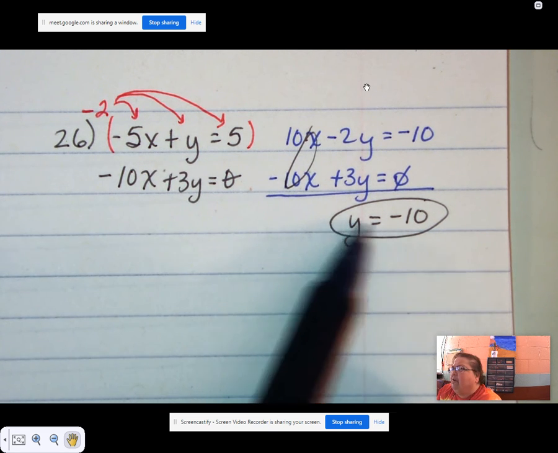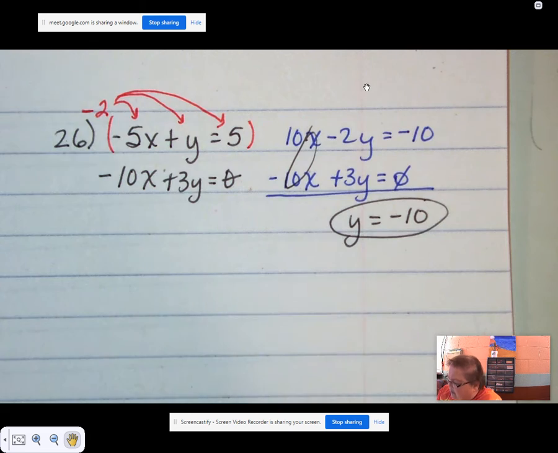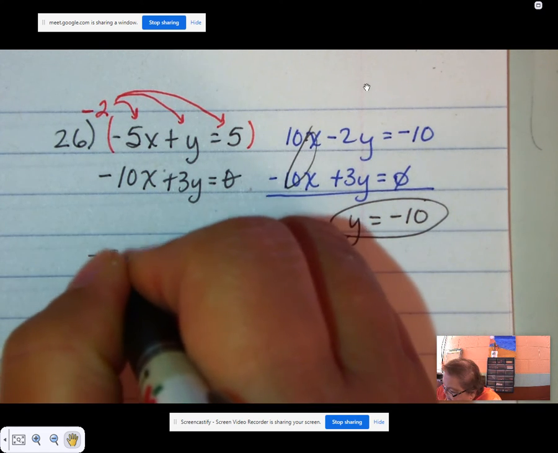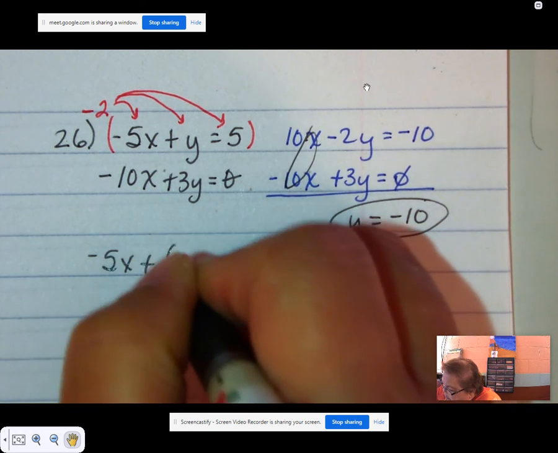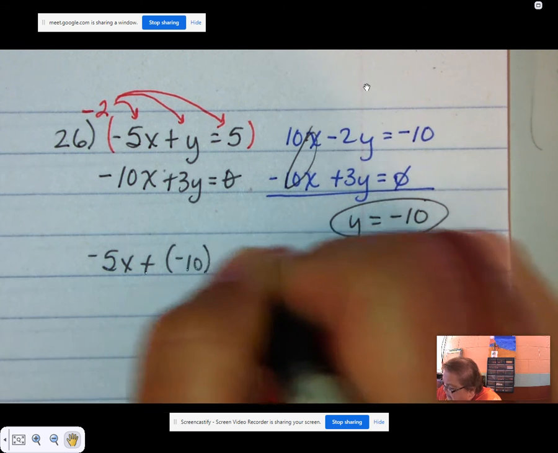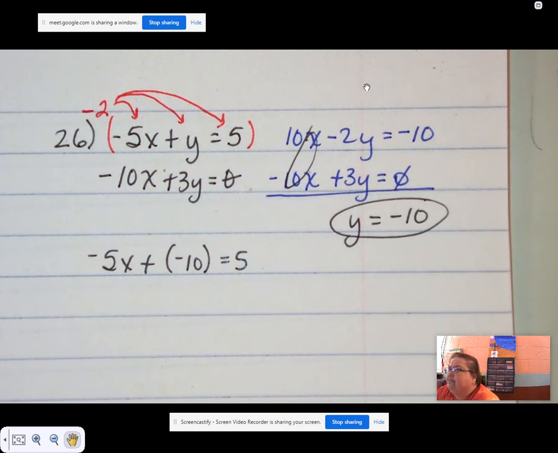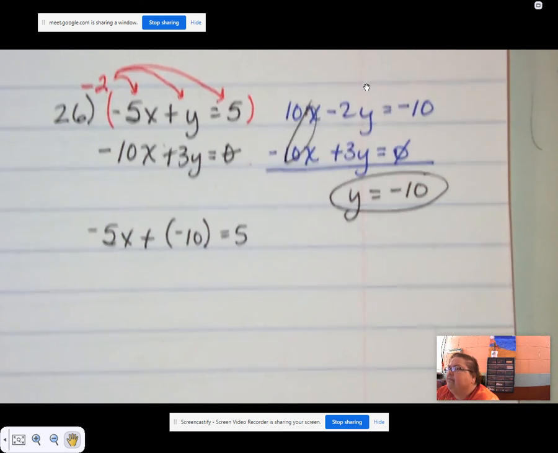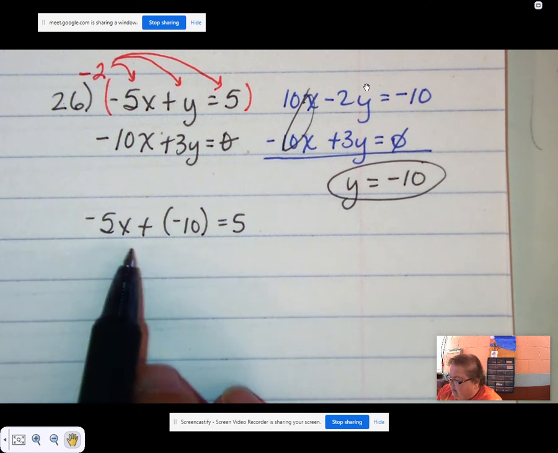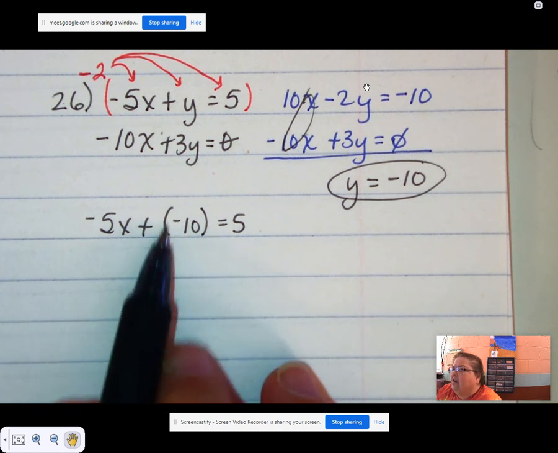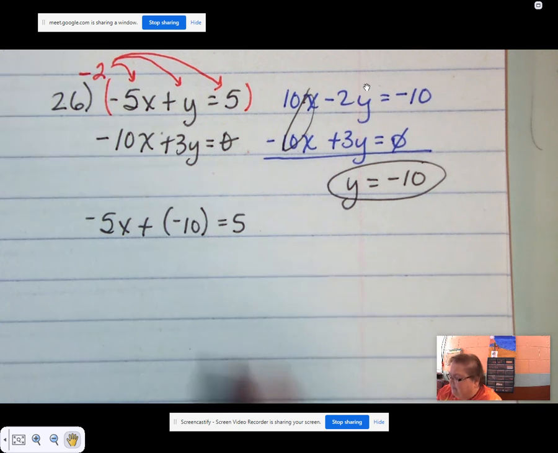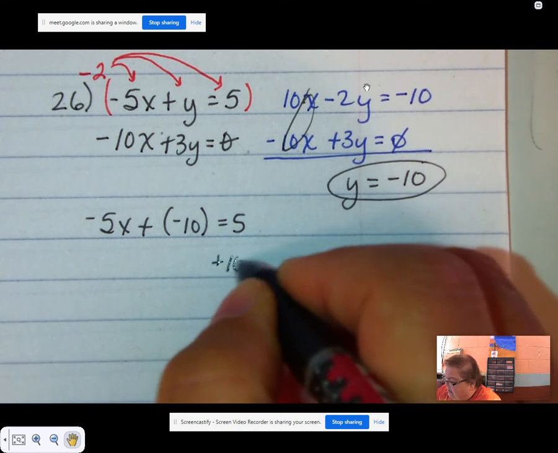Everywhere there's a y, I'm going to put -10. Here we go. -5x plus y equals 5. What is the inverse of -10? +10 to the other side.